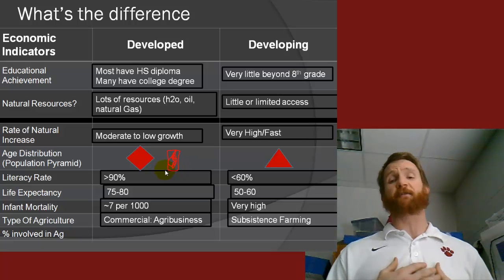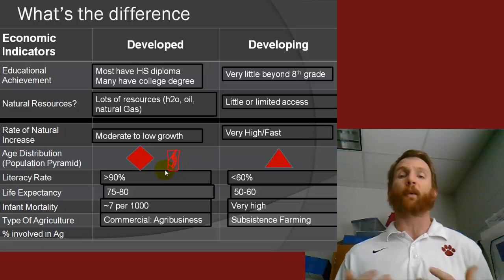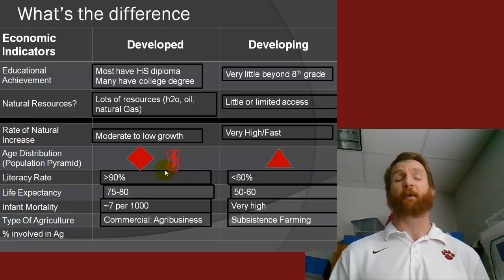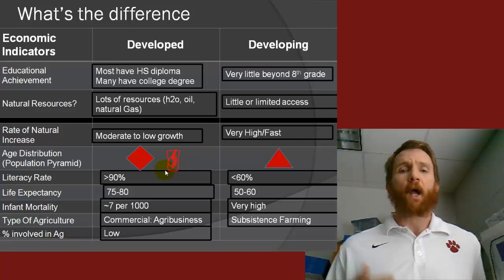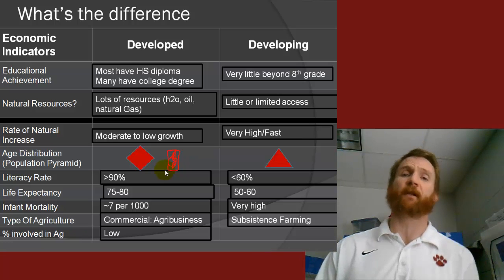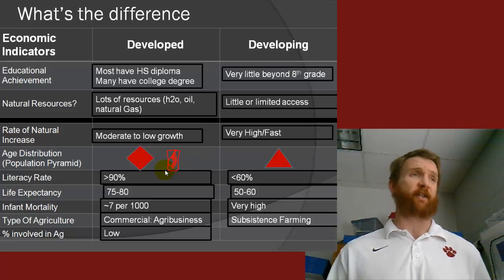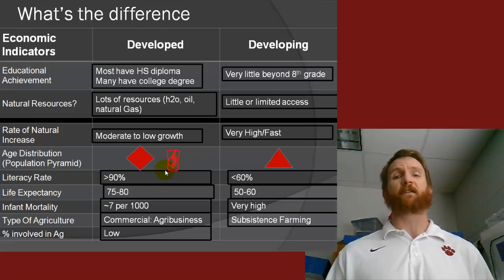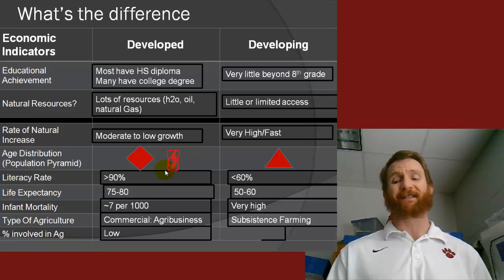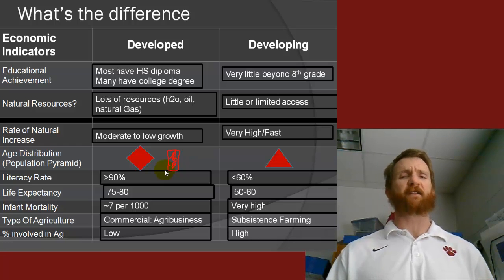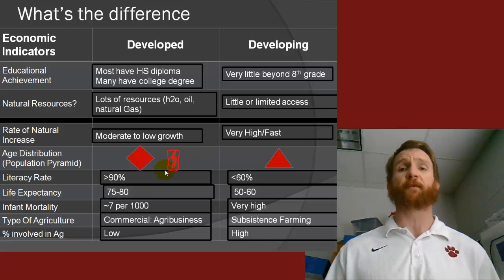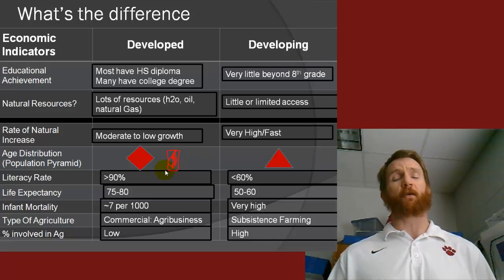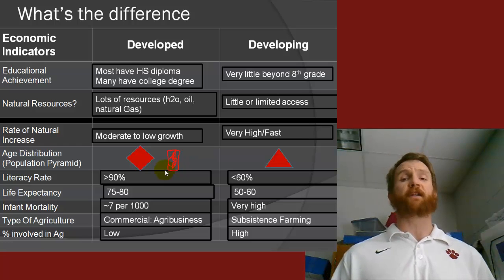Most of us, if we're growing crops, it's because we like to or want to have fun, not because we have to put food on our table. There's a very low percentage of people involved in agriculture in a developed country. In America, I think it's about 5% or less. In a developing nation, that's going to be very high, over 50% of the population involved in some sort of agricultural activity.